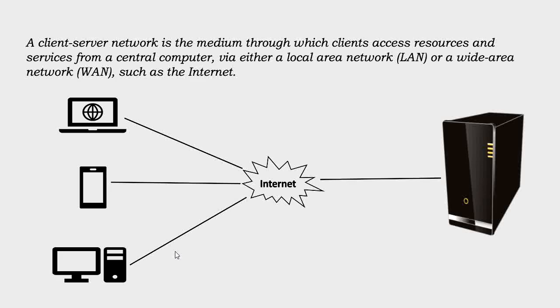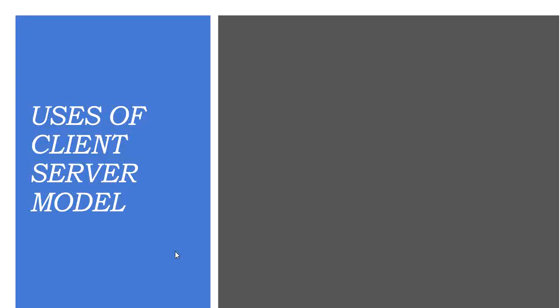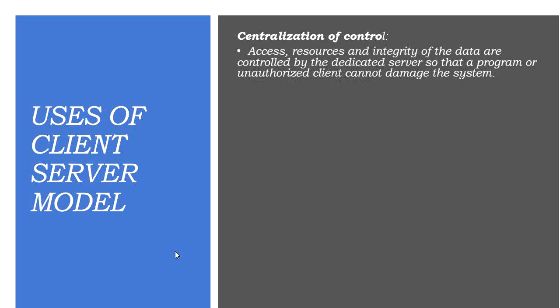So let's go through the examples or the uses of the client server model. First is centralization of control. Access, resources and integrity of data are controlled by dedicated servers so that an unauthorized program or client cannot damage the system.